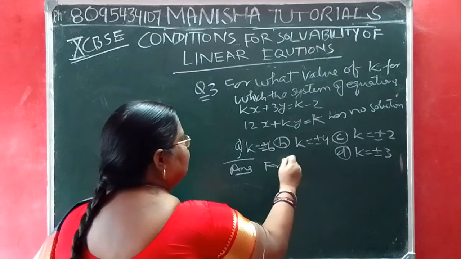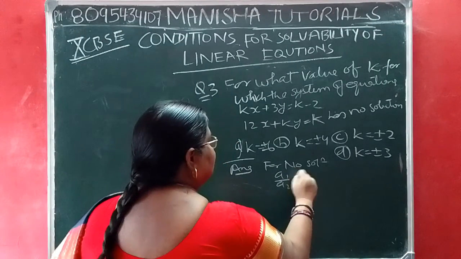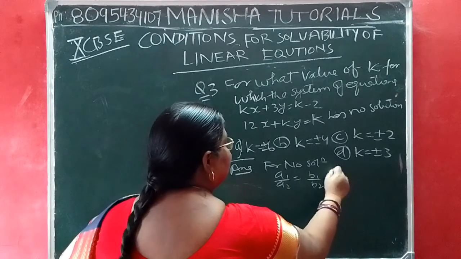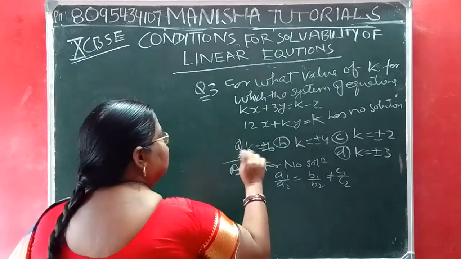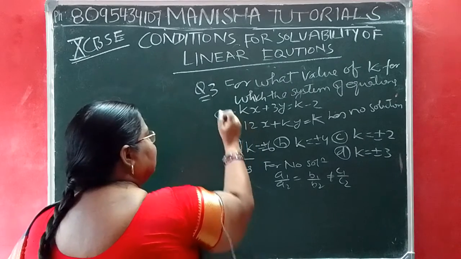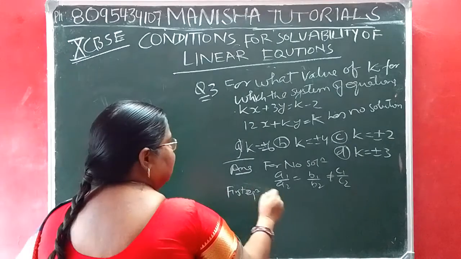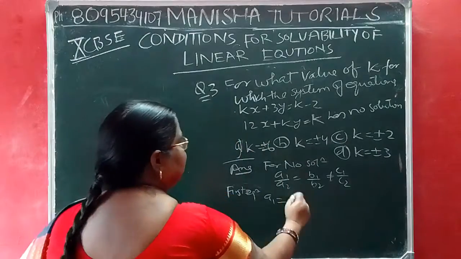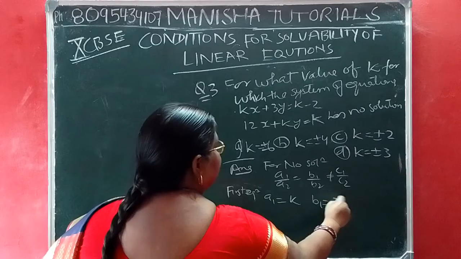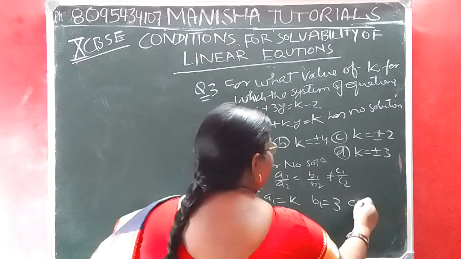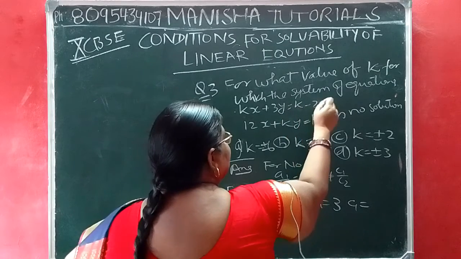For no solution, write the condition so that you should not forget: a1 by a2 equals b1 by b2 should not be equal to c1 by c2. We have to find the k value. From the first equation, a1 value is k, b1 value is 3, and c1 value is k minus 2 with a minus sign, as it comes to the left side, equal to 0.